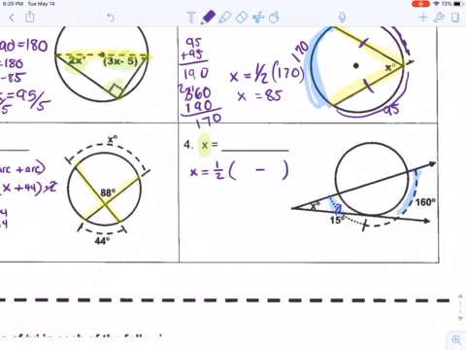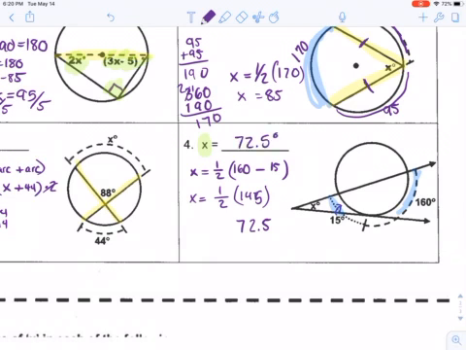Are we going to do 160 minus 15 or 15 minus 160? Well, if we want a positive difference, we need to do 160 minus 15. 160 minus 15 is 145. We have to figure out what is half of 145. Half of 145 is going to be 72.5.